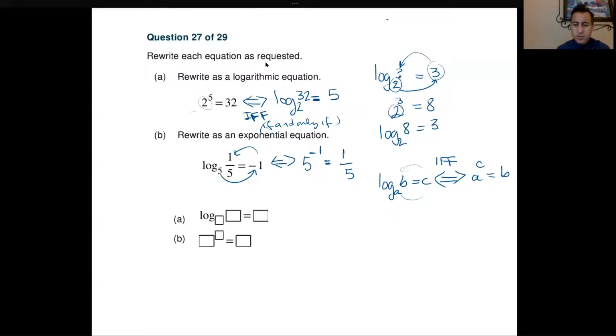You know, some books put b here, c here, it doesn't matter. What matters is we need to understand how it works, right? And how to switch back between this exponential form to the logarithmic form and logarithmic form to exponential form. And it's very important to understand that because you will be using it for evaluation, and you'll be using it to solve equations and all that.